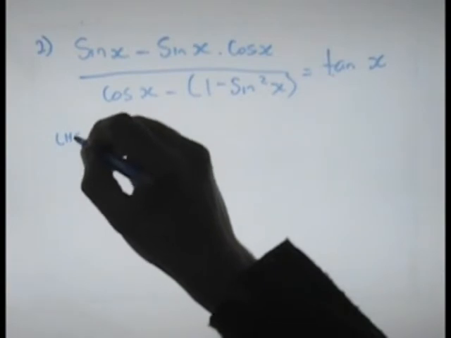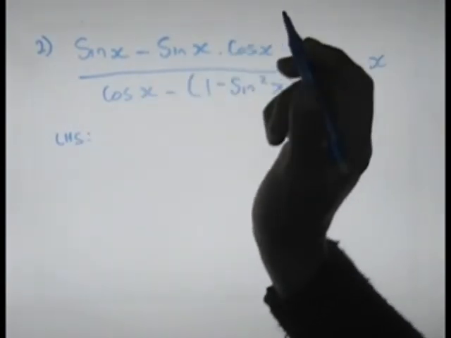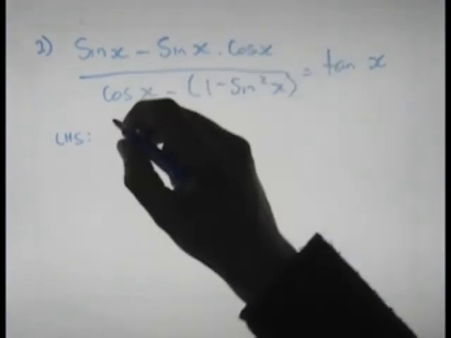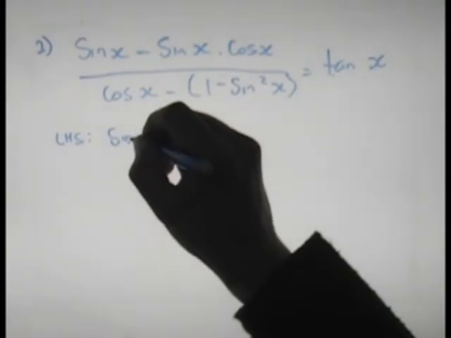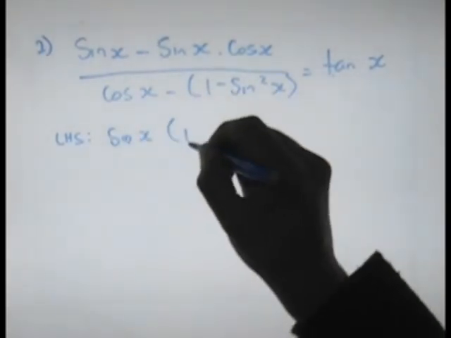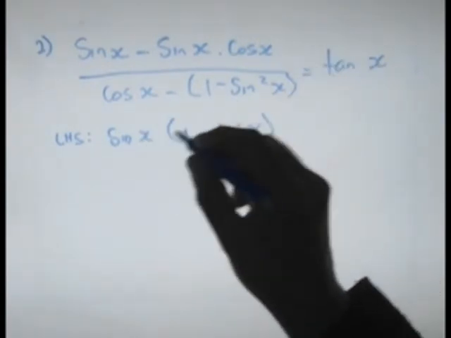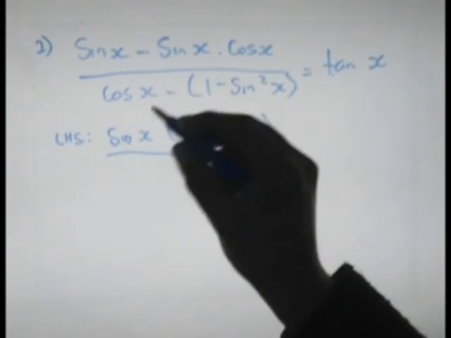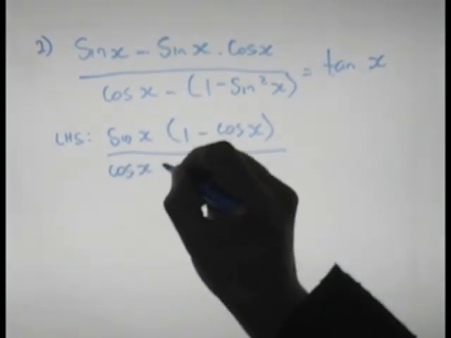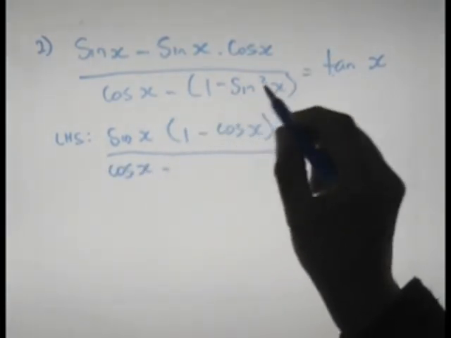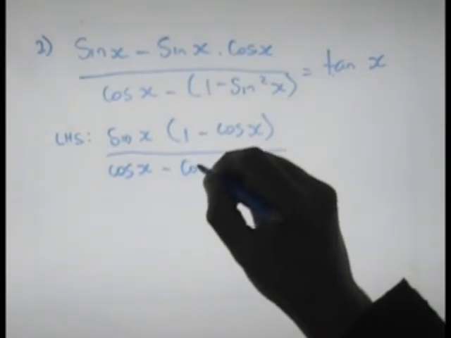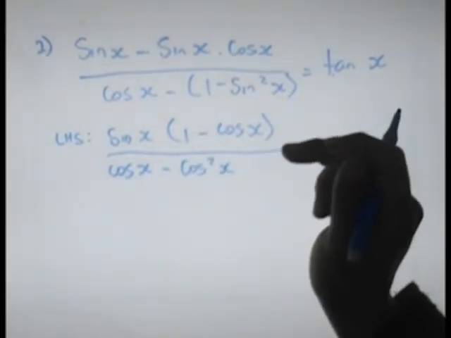Again, we're going to start off left hand side. Sine x minus sine x times cos x, I'm going to take out a common factor of sine x. That will give me 1 minus cos x. The denominator, I'm going to leave that as cos x minus 1 minus sine squared x. Isn't that the same as cos squared x?